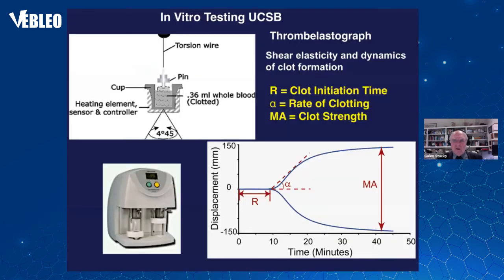The in vitro testing, which is very common in the field and still used, is basically looking at the shear elasticity and the dynamics of clot formation that takes place as the clot is forming. And the important parameters here are how long it takes for the initiation of the clot. When does the clot start forming? How fast does it form, which is given by the slope called alpha here, as the elasticity and dynamics change.